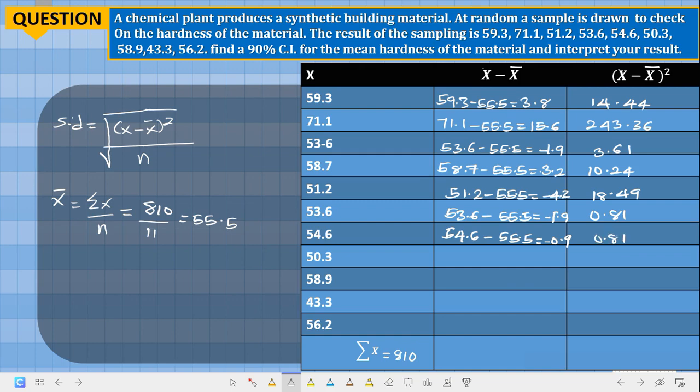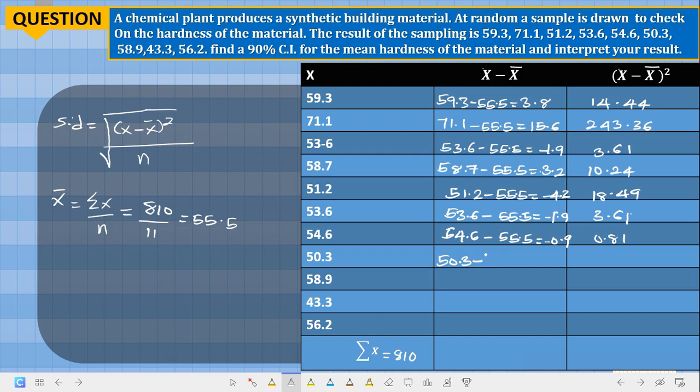Sorry, this particular one is going to give us 3.6, okay, so we have 3.6 here, or 3.61.